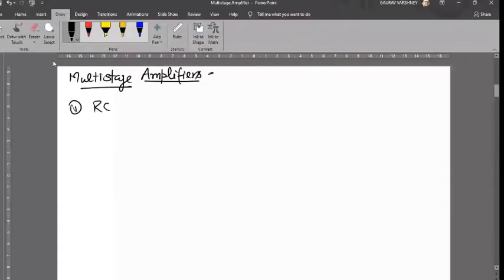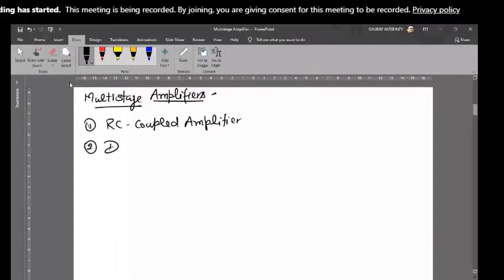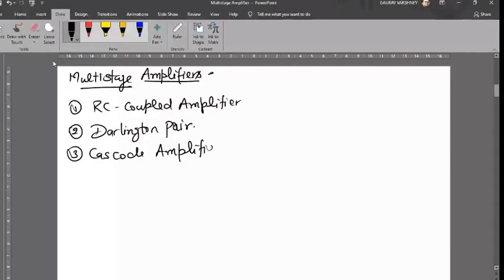First one is the RC coupled amplifier, then the Darlington pair, and the cascade amplifier.